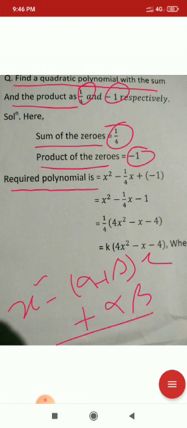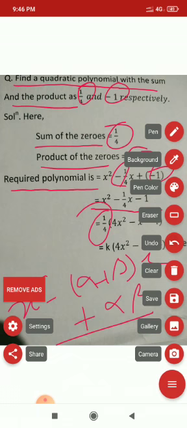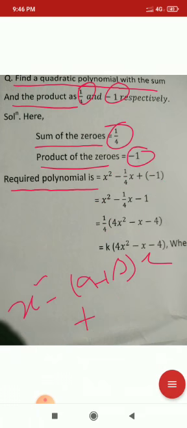Here we put these values of the sum of the zeros and the product of the zeros, and we have found x square minus 1 by 4 x minus 1. Then 1 by 4 is taken common, and the remaining part will be found as 4x square minus x minus 4. Here this k is 1 by 4, then the polynomial is 4x square minus x minus 4.